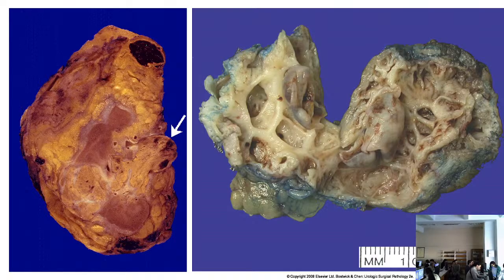And why does it appear thus hemorrhagic? What has happened here? It's easy to think. We see that the renal vein has been occluded by the cancer. You see the white arrow showing that part of the tumor which entered the renal vein.